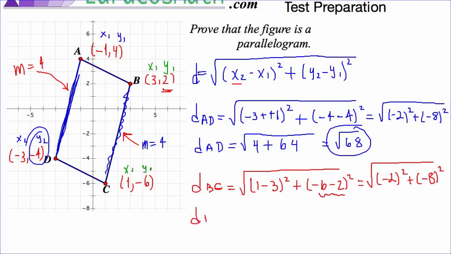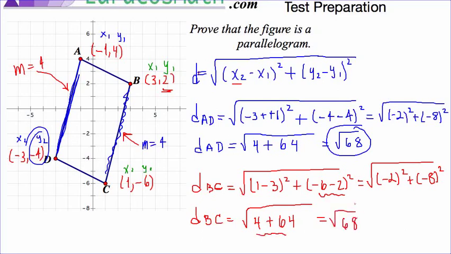So this distance BC equals square root, this is 4 because -2 square is -2 times -2, plus -8 square is -8 times -8 is 64, and just adding these two numbers, it is the square root of 68.